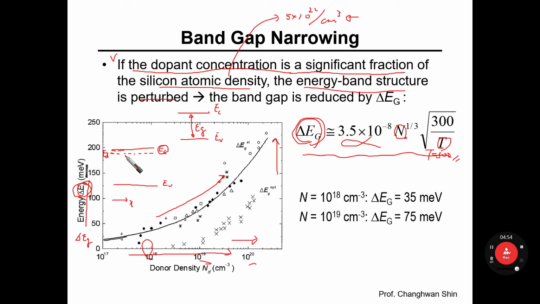But suppose that the doping concentration is very close to the silicon atomic density, about 50% of the silicon atomic density, that is approximately 2.5 times 10 to the 22 per cubic centimeter. Out of 5 times 10 to the 22 silicon atoms, half of it is non-silicon.